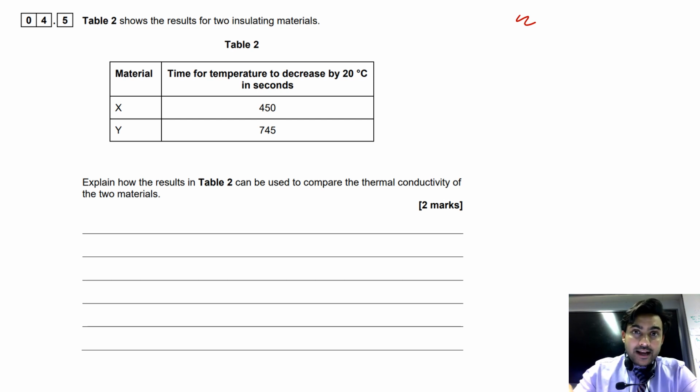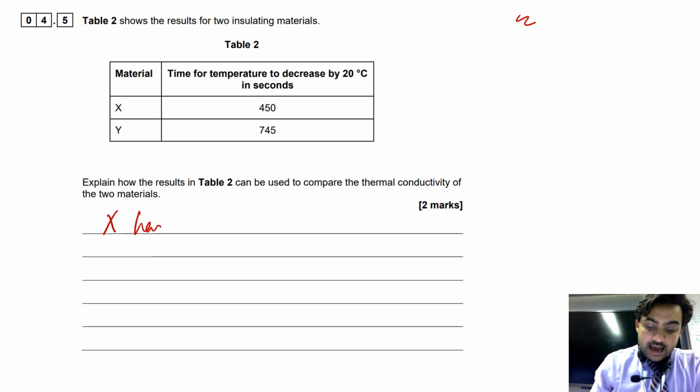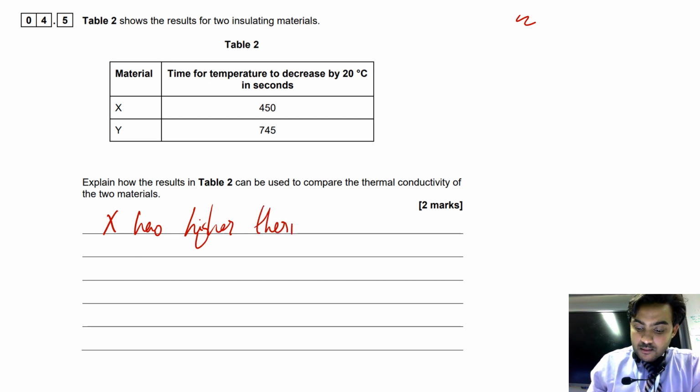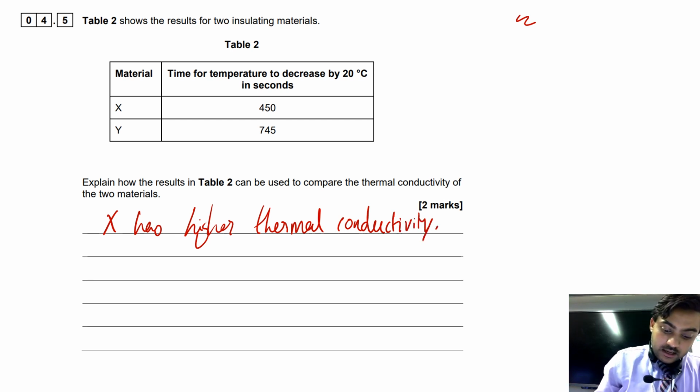What does that mean for X? X takes the temperature from the hot water and transfers it to its surroundings at a much faster rate than Y does. So X has higher thermal conductivity because, why?